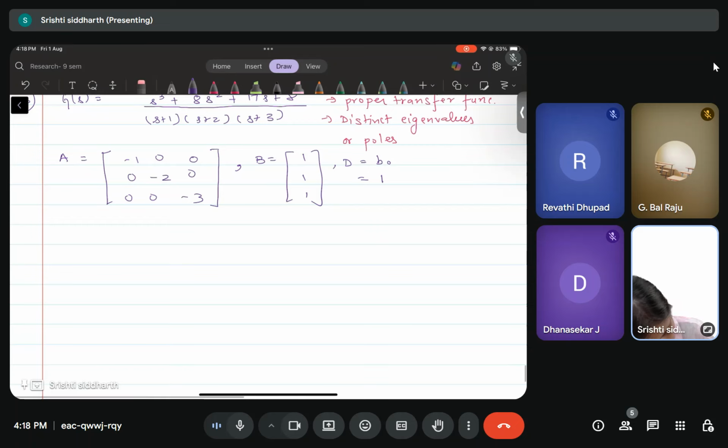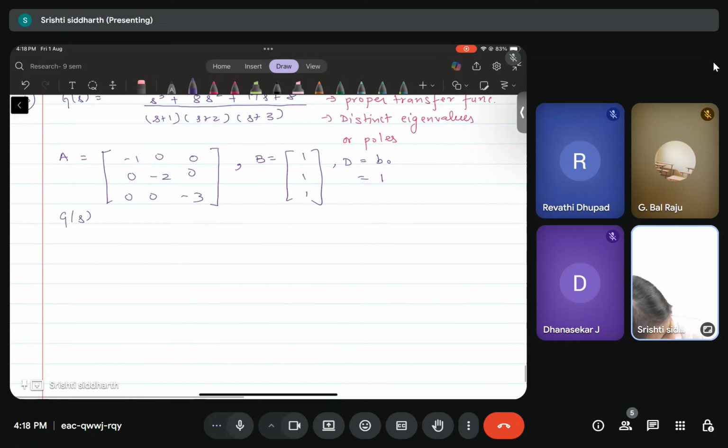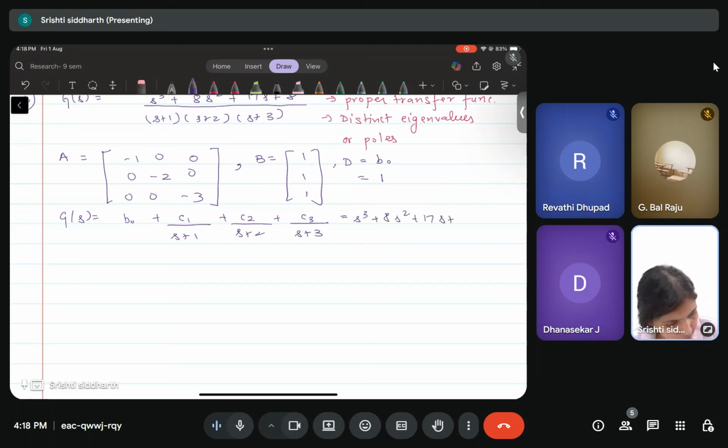So G of S is simply going to be B0 plus C1 over S plus 1, C2 over S plus 2 plus C3 over S plus 3. This is S cube plus 8S square plus 17S plus 8 over S plus 1, S plus 2, S plus 3.